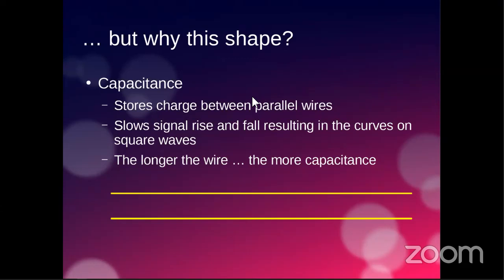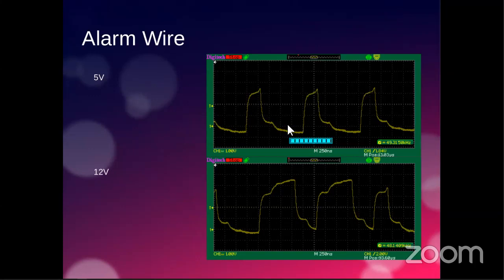And what that means is that when you try to change the voltage between the two wires very quickly, that charge is either built up between the two wires, or when you turn it off, it's released from between the two wires. And that has a tendency to round the signals off. And so the rounding that you see on the front end of the signal and the rounding that you see on the back end of the signal is typically a capacitance effect. And the longer the wire that you run, the closer the wires are together, the more capacitance that you're going to get.